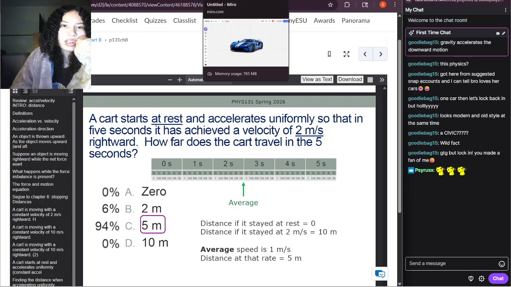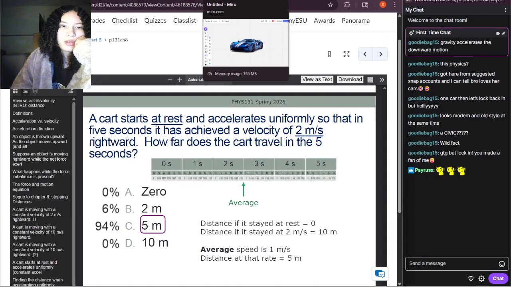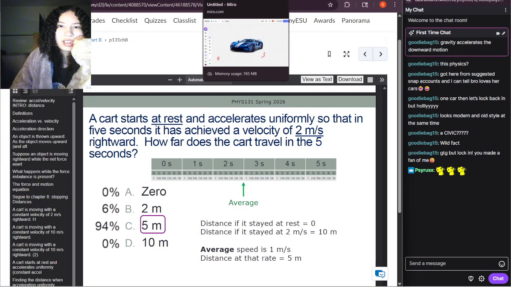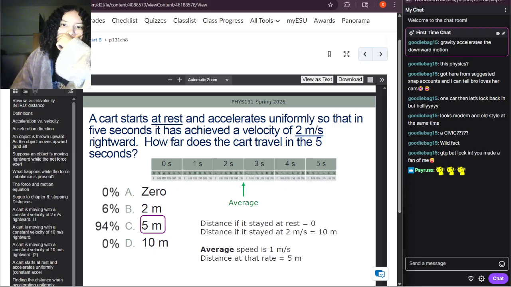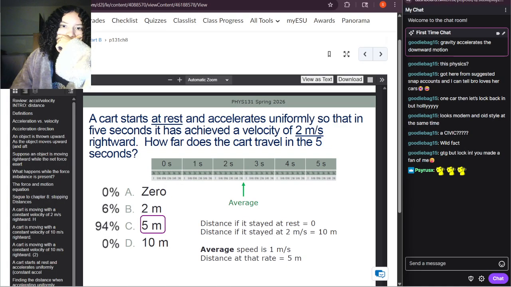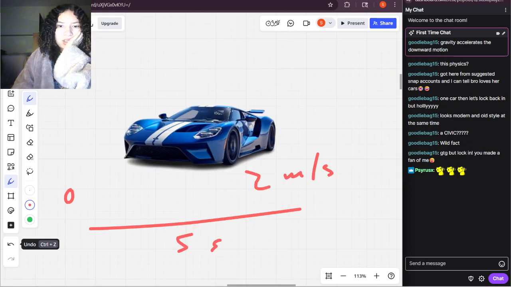If a cart starts at rest, not doing anything, then it accelerates. So it starts at 0, then it accelerates to 2 meters a second. After 5 seconds, how far does the cart travel in the 5 seconds?